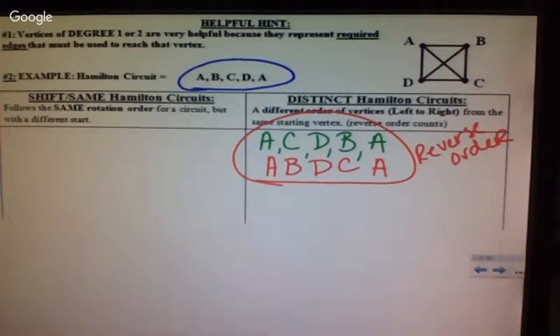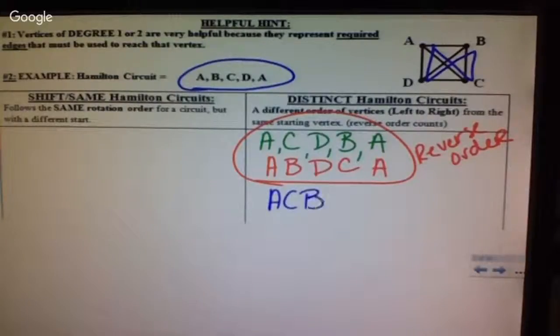What else we got? A, B, D, C. We just did A, B, D, C. Got it. A, C, B, D, A. Sorry, I hate doing B, D because it's A, C, B, D, A. Okay?